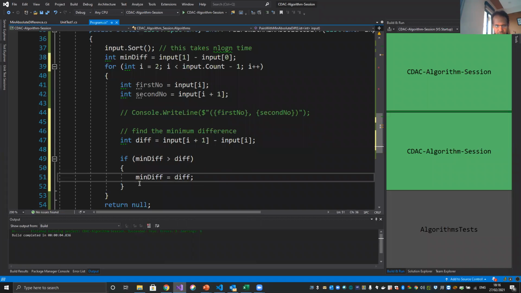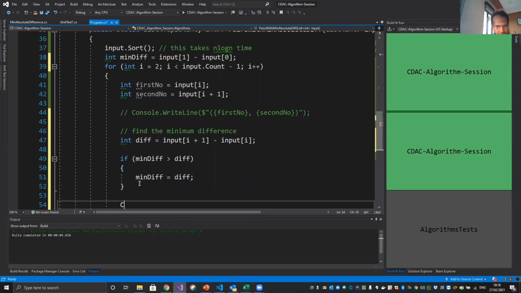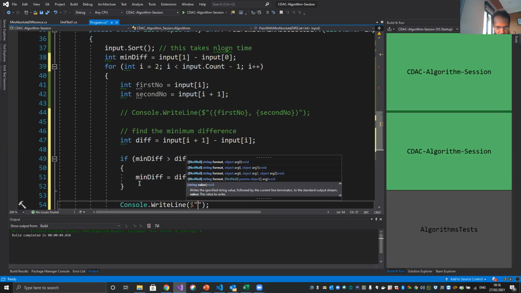Right? Let's try to print our minimum difference. So we say dollar min diff equals min diff. Let's run it.